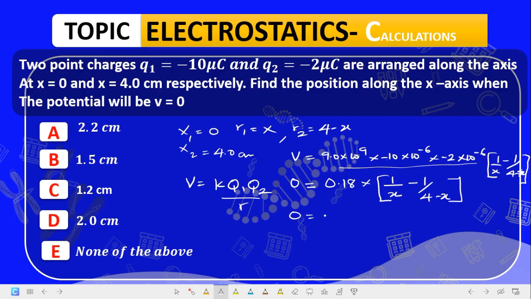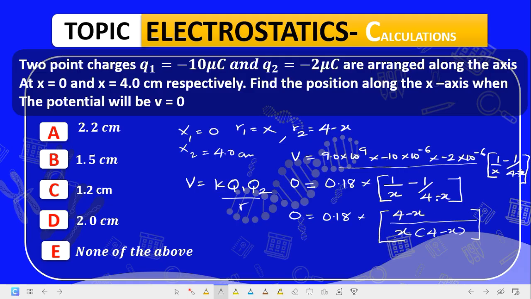This will be 0 equals 0.18 times. What is the LCM of x and 4 minus x? Of course, it's x bracket 4 minus x. Now, this is divided by x. When this divides this, what are we left with? 4 minus x, because x will cancel x. So 4 minus x times 1 will give us 4 minus x.